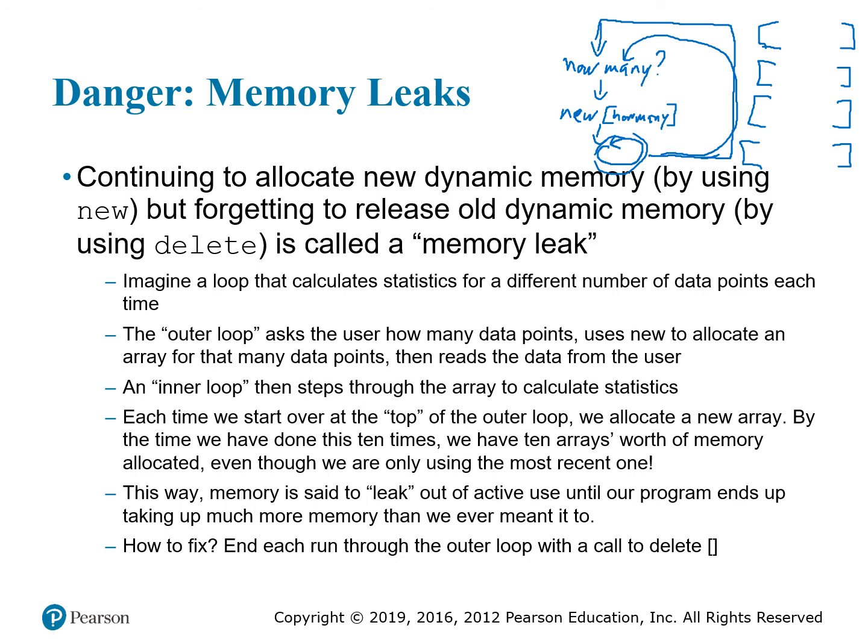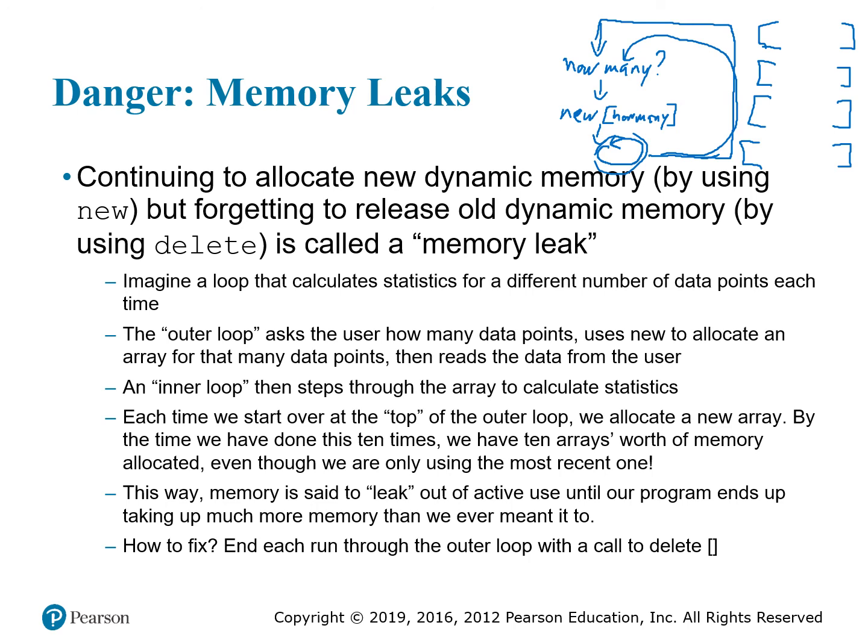Each time we start over at the top of the loop, we allocate a new array. Okay, so if we've done this 10 times, we now have 10 times, I don't know how many data points, 100. 10 times 100, that's 1,000 ints worth of data, or doubles worth of data, or whatever kind of data point we're storing. That can easily get into kilobytes or megabytes of wasted memory.